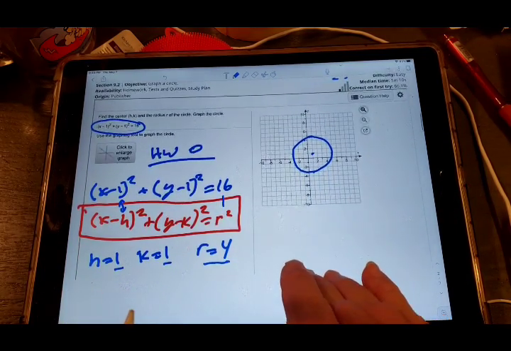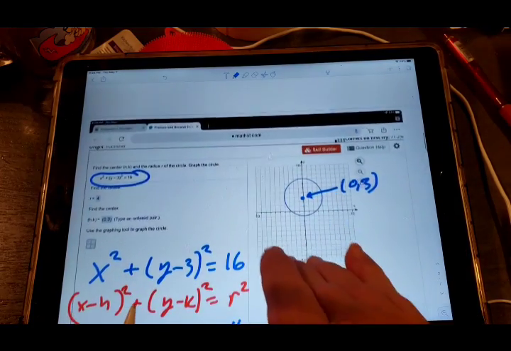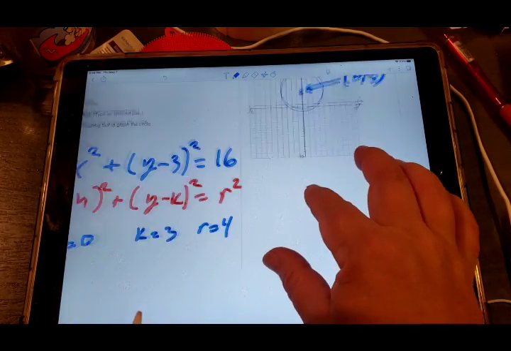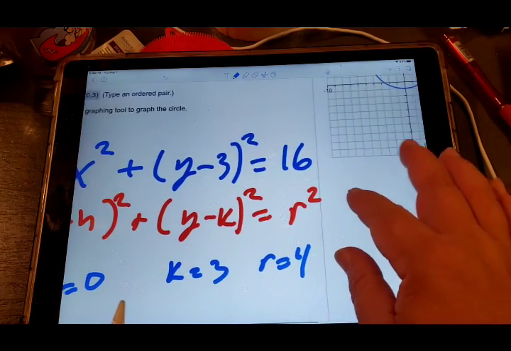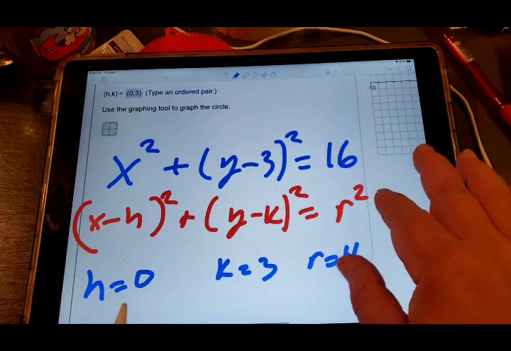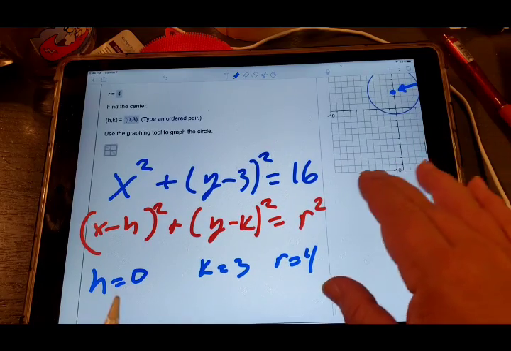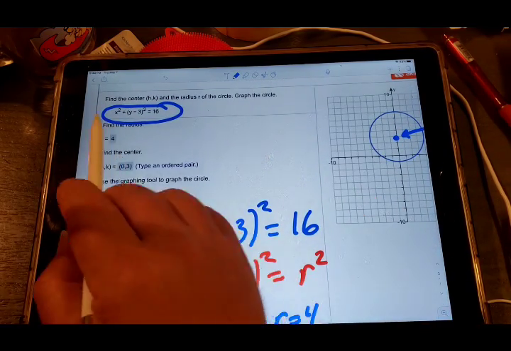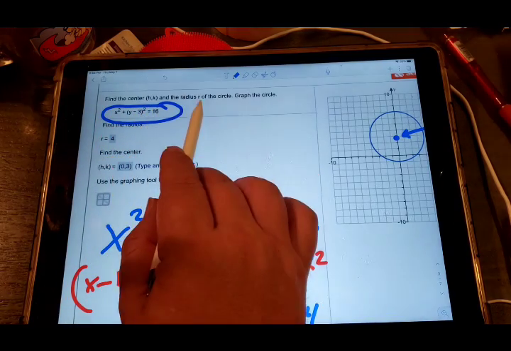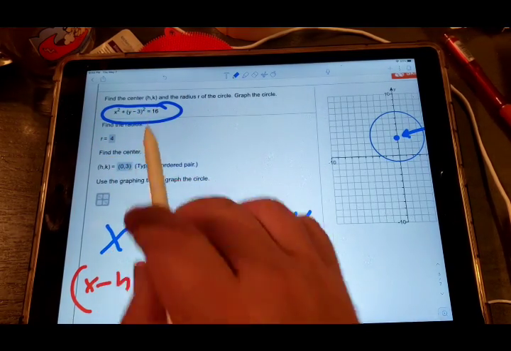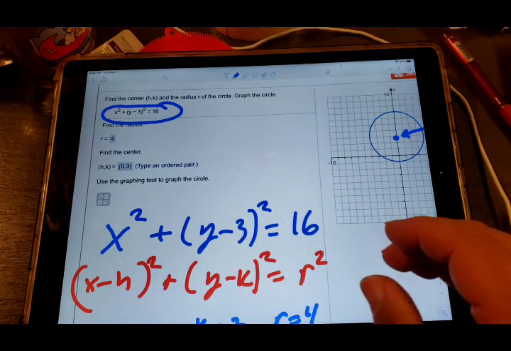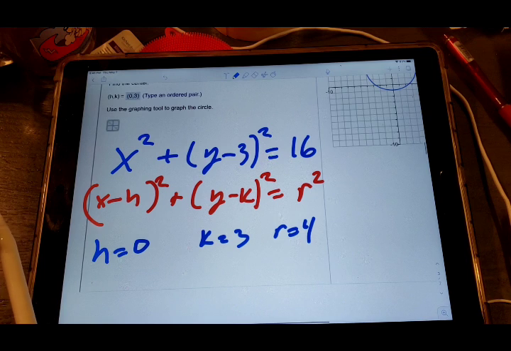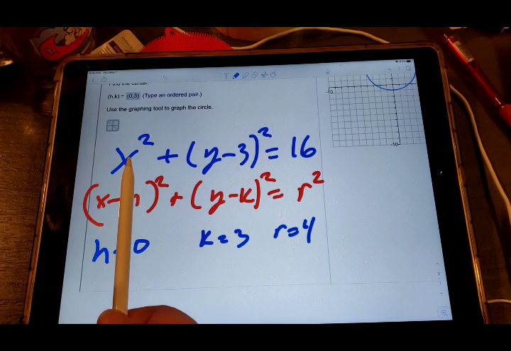All right. Well, I did have a few different questions, like this one, for example, on Chapter 9. In other words, this was on Homework 9. It wasn't on Homework 0. So what are they asking here? Find the center, h, k, and the radius of the circle, graph the circle. So it's pretty similar to what we've already done. Notice that when I write it by hand here, it says x squared.